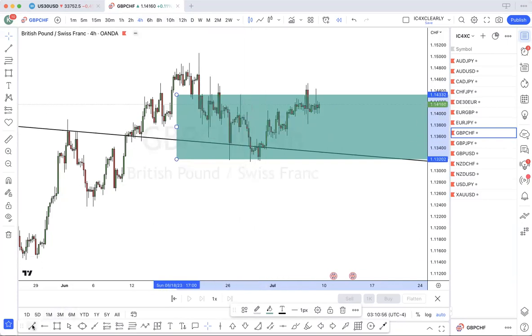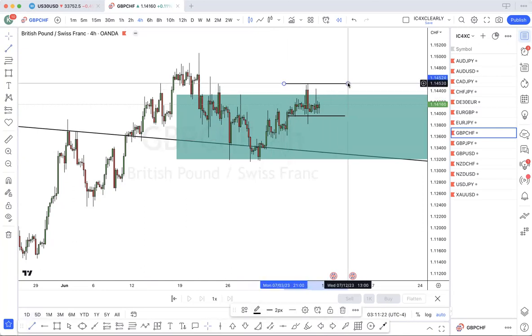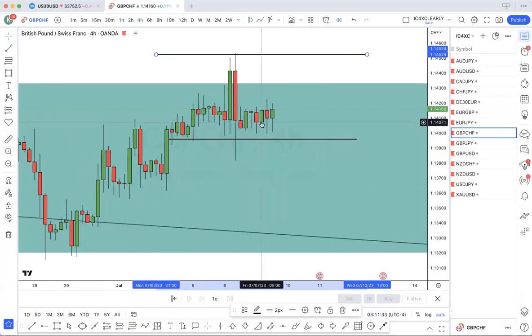Yeah, it's just consolidating. So I would definitely, I mean, it is bullish. It hasn't broken this swing low yet. So price is just between here and here. So I would definitely wait for, you have a bullish order block, you have a bullish order block, you have a bullish order block.